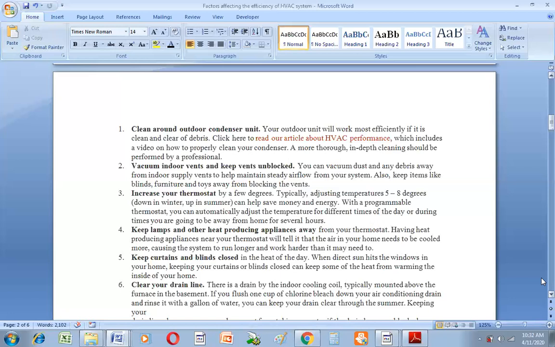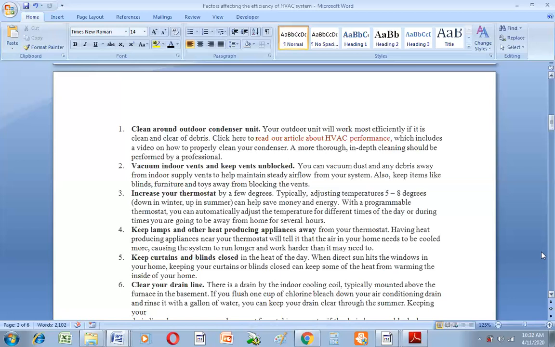So we have to keep the curtains closed so that there will not be direct sunlight hitting your windows, and the room will be kept cool. So that will also increase the efficiency of the HVAC system.